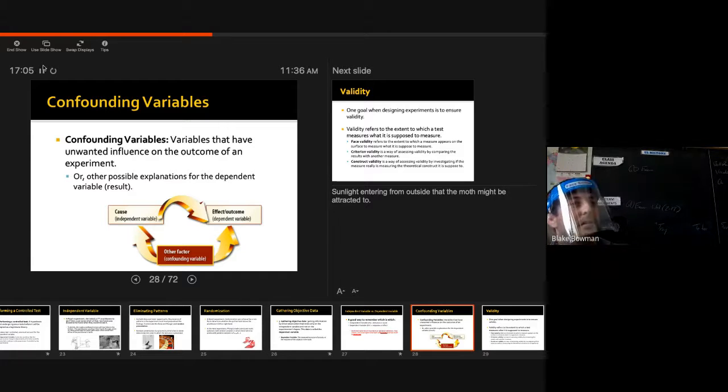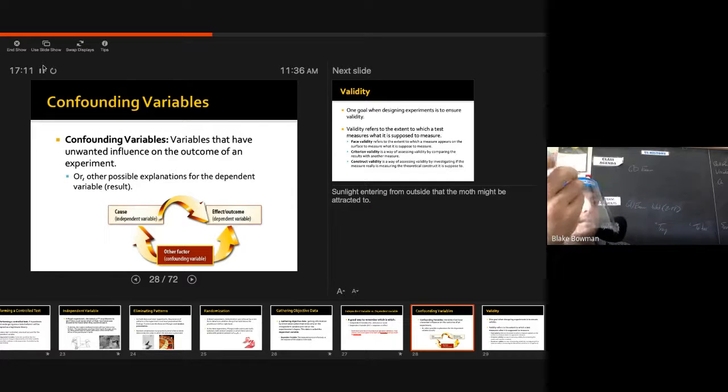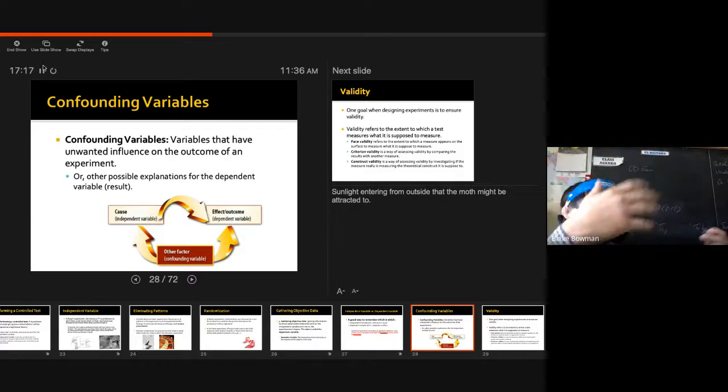And the sunlight coming through the window, that bug might fly right towards the window rather than the flashlight that you have present. So that could be a confounding variable. That might skew your results, might skew your data, because that moth is going right towards the window rather than the flashlight that you have pointed at a wall or the ceiling. Does that make sense?